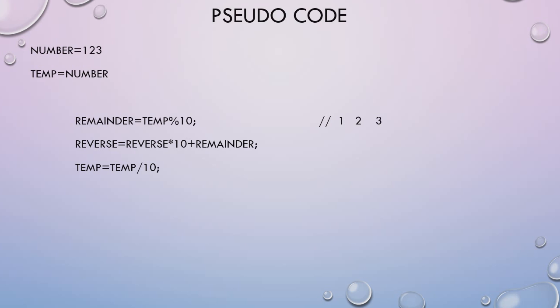So I have wrapped these 3 statements in a while loop, and now I am going to check the number. If number is equal to reverse, it means reverse contains the reverse value of the number at the end of this while loop. And now I am comparing this reverse number to the original number. If these two values are the same, then we will print palindrome, else we will print not palindrome.